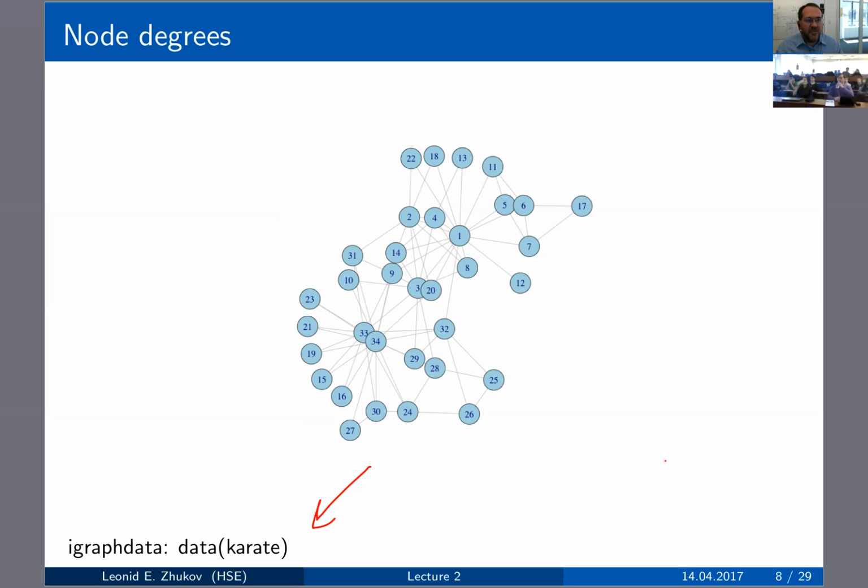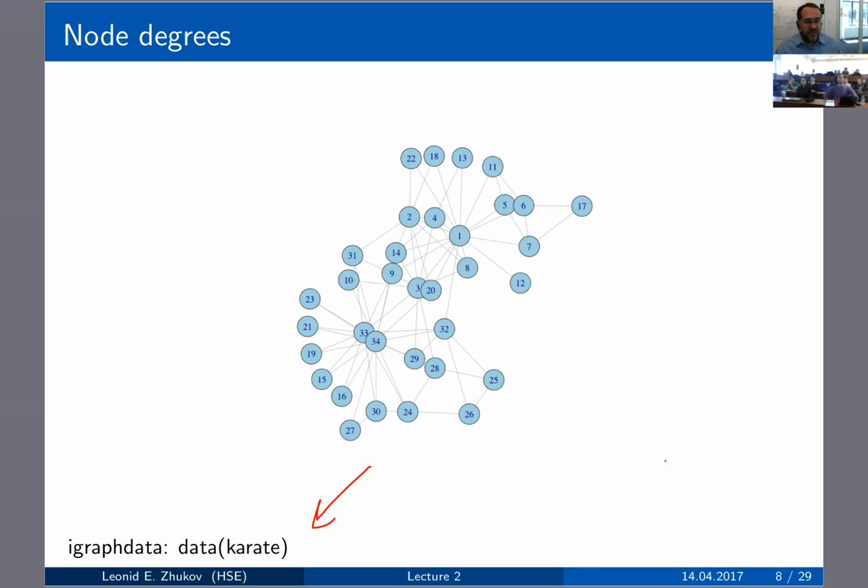What we see here is the friendship pattern within that karate club before the split. The sociological longitudinal study asked: if we look at this friendship pattern, could we predict the way the group will be split later on? We're going to use this example many times, in particular when we look at community detection.